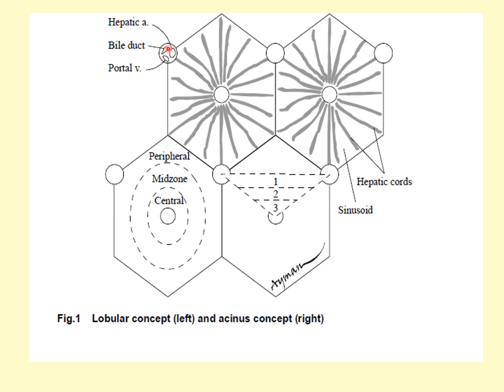So metabolites, drugs or any toxic materials come from the blood, first reaching the peripheral part, then from here through the sinusoids to the central vein. So intoxication from the drug or metabolites comes first in the periportal zone, and the zone more prone to necrosis is the central zone. Okay.